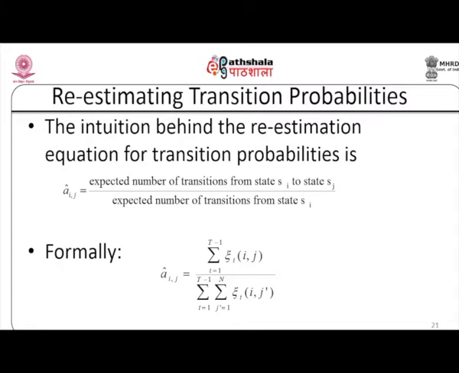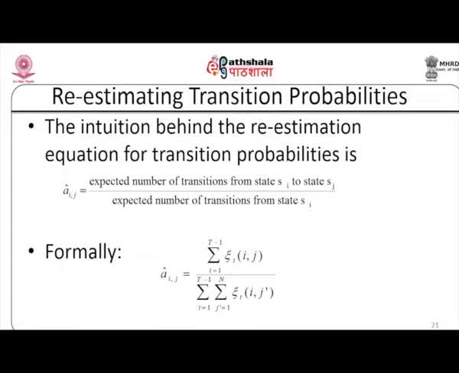So, for every t equal to 1 to T minus 1, we find eta_t(i, j), the probability of going from i to j at time t, and then do this for t equal to 1 to T minus 1, and j' equal to 1 to n, eta_t(i, j').